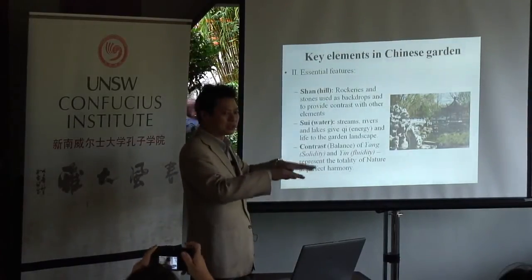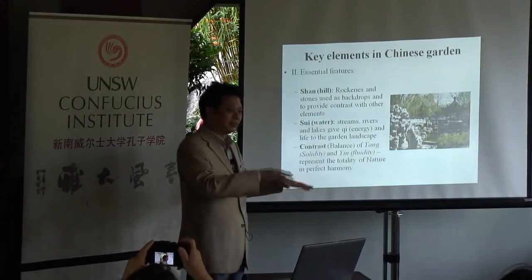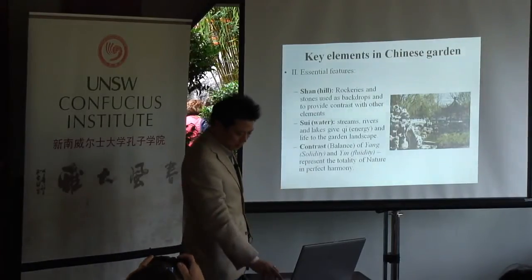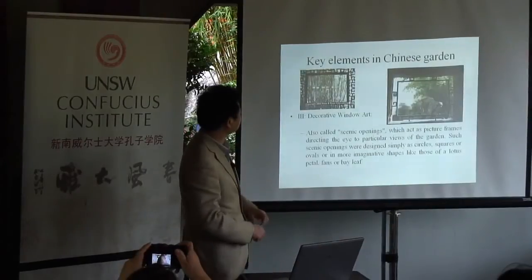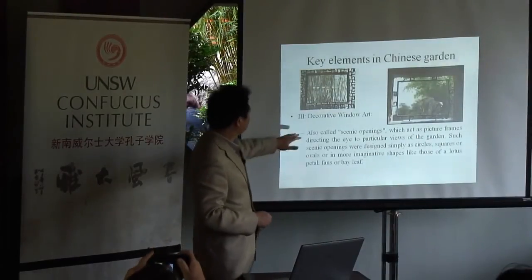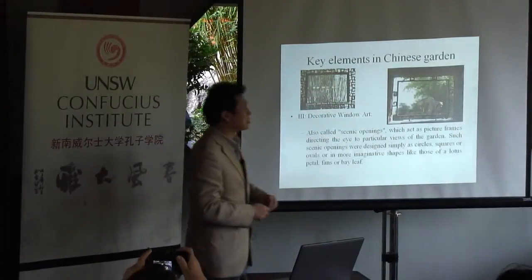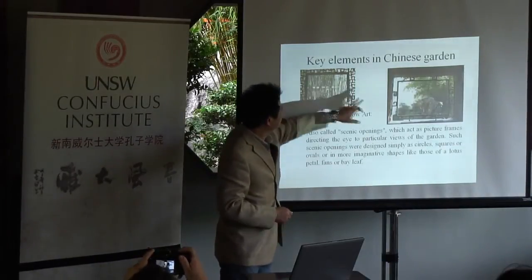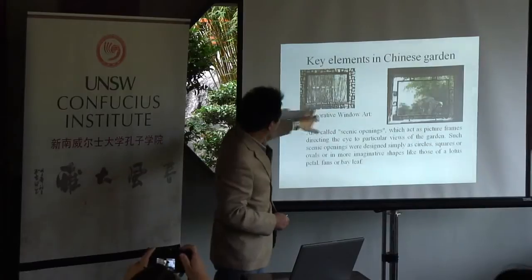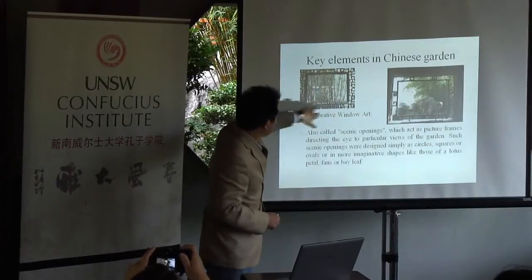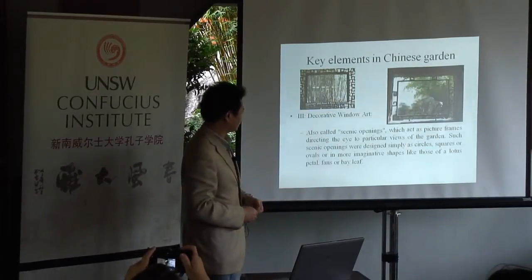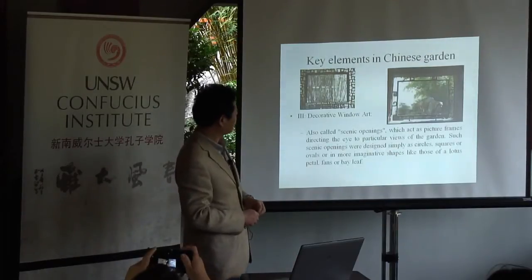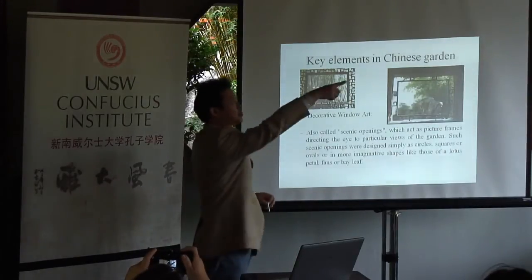It's balance. Shanshui is a balance of nature. Directive window art. So we can look at this picture. The window is always directional. Like this one.